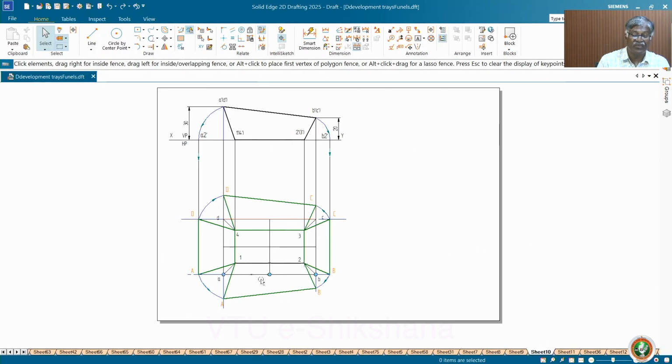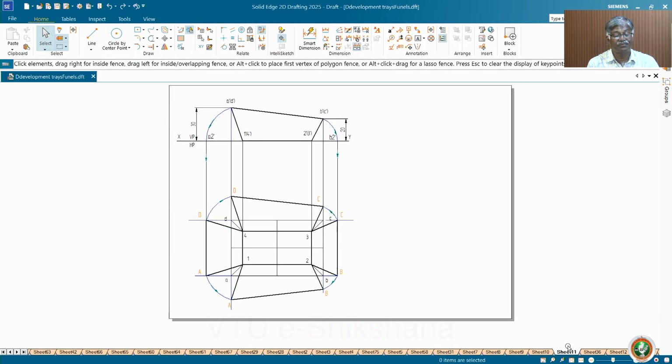You get the complete development of the tray. Retain the top and front views dark only, and make the top view light so that the development dominates the final view, with dark lines of 0.5. So this is the final solution for this.